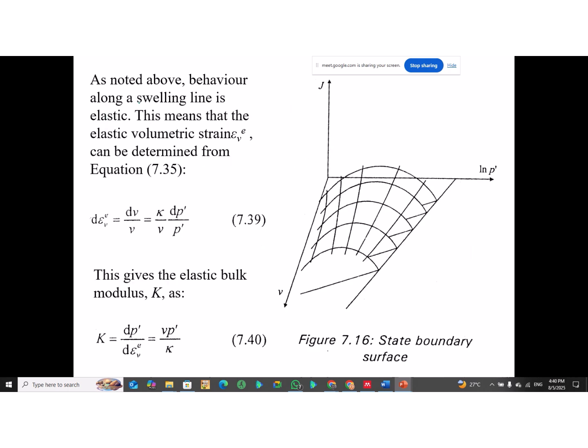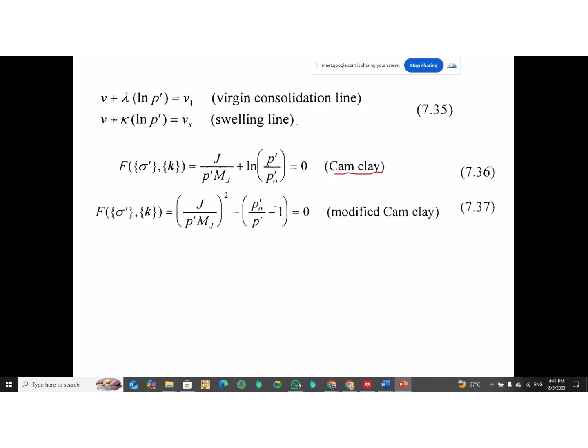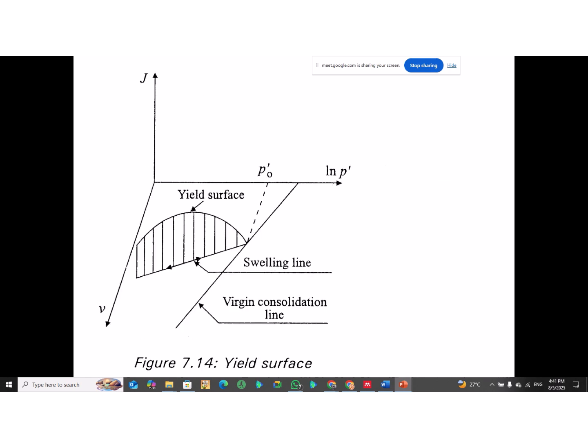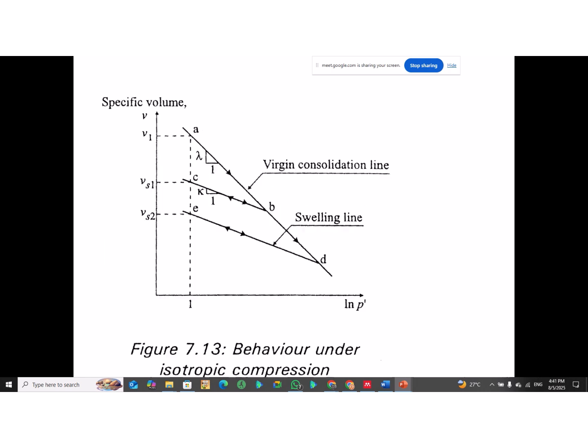So as noted above, behavior along the swelling line is elastic. This means that the elastic volumetric strain can be determined from equation 7.35. So you can differentiate this equation to get the incremental elastic volumetric strain, and I hope you did not forget how to differentiate, isn't it?